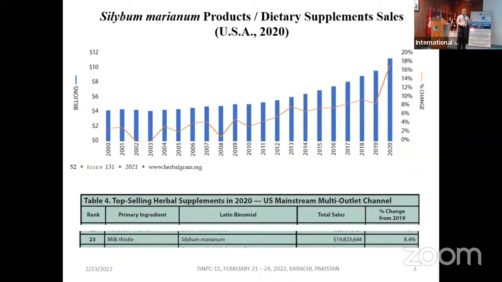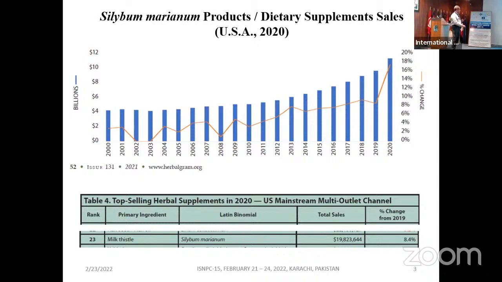To understand the economic importance of this plant or the product taken from it, we can see here the upper graph. These columns represent the sales of dietary supplements made from medicinal plants in the United States from the year 2000 until 2020. As you can see, there is an increase over the years, which now reaches almost 11.6 billion US dollars.